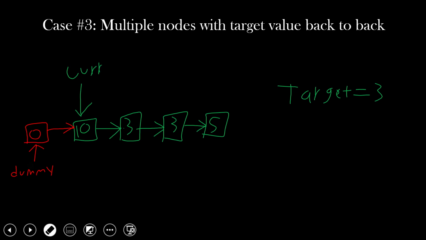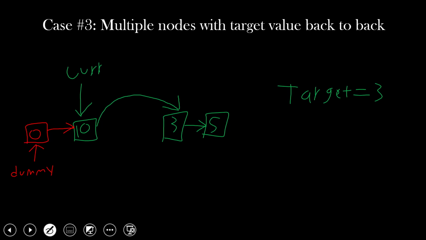In order to do that, again, we break this link between current and current.next, and instead we attach that link from current to current.next.next. Now that we have reassigned that link, you can pretend the old next is gone, and our new current.next is 3.